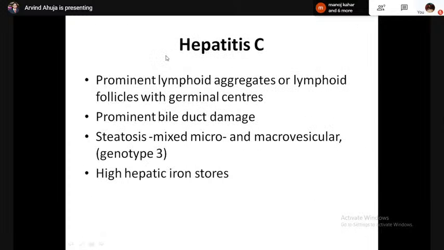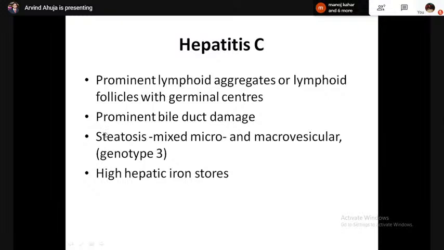There are certain soft points which can help you to reach a particular diagnosis. But I'm repeating again and again, serology is most important. You need serology before saying that this is chronic hepatitis related to hepatitis C or B. So for hepatitis C, we see prominent lymphoid aggregates or lymphoid follicles with germinal centers in the portal tract, and they can also show prominent bile duct damage.